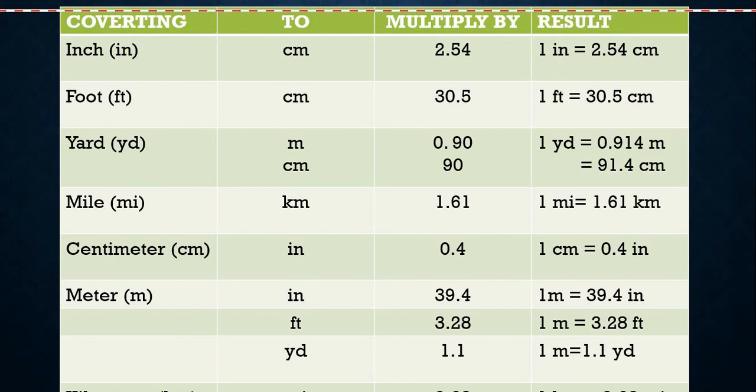So 1 meter is equivalent to 39.4 inch. To feet, multiply it by 3.28. And to yard is 1.1. While in kilometer to mile is 0.62. So 1 kilometer is equivalent to 0.62 mile.